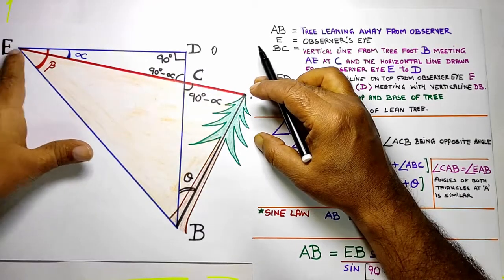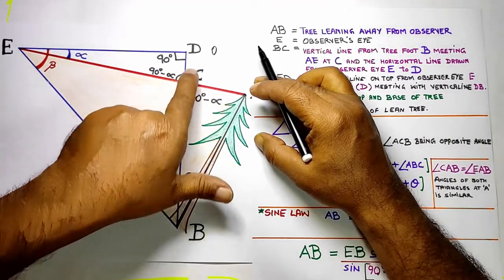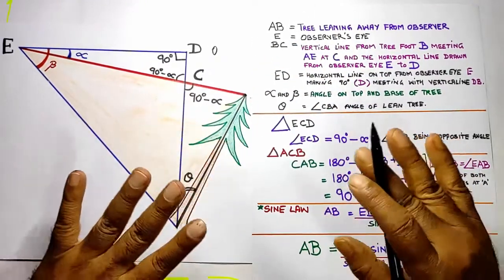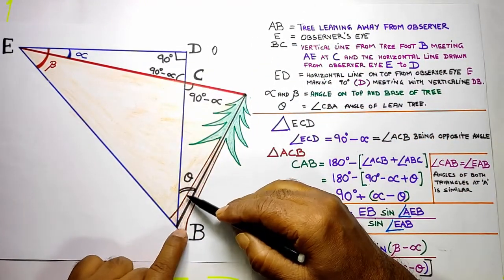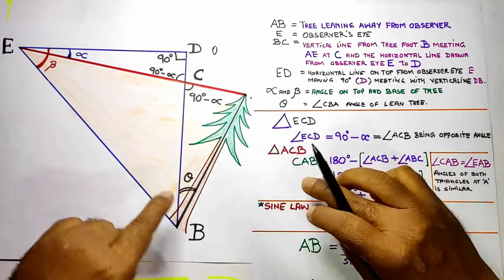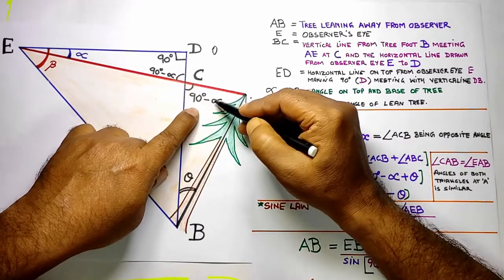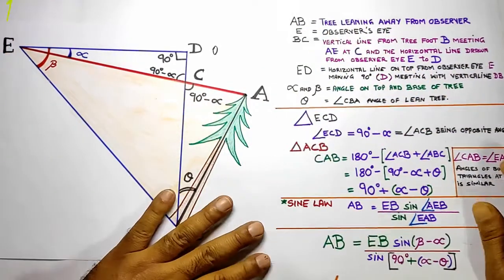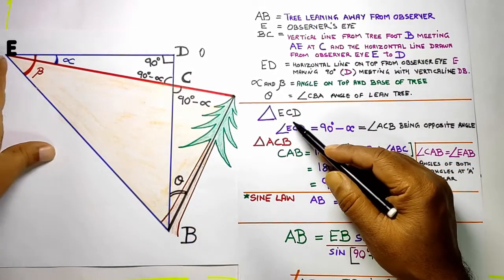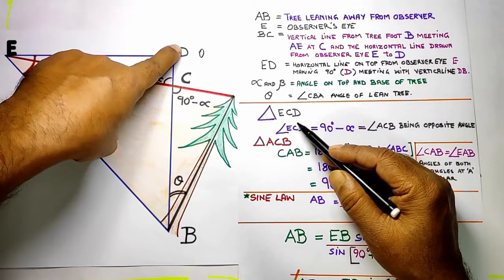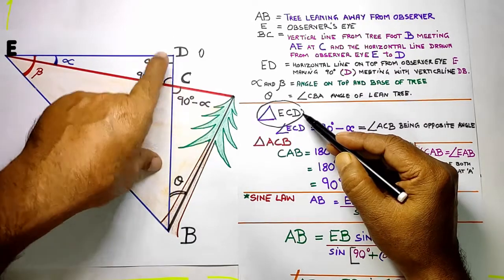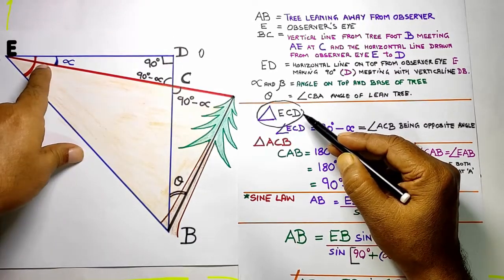So first we'll try to understand this ECD. Before that, let's understand again, this is theta. Already I told you, this angle of the leaning tree we get as theta. Okay, how has this value 90 minus alpha come? This is a simple law, because in angle ECD, I already told you 90 is here, 90 minus alpha is here, this is alpha.